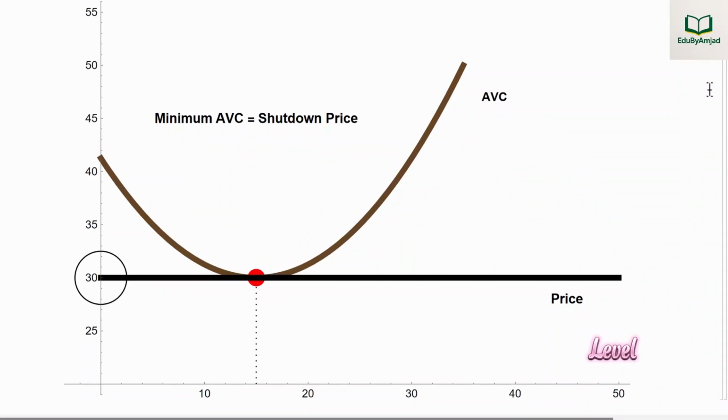At this output level, AVC equals 30. This point is crucial. If market price is exactly 30, the firm is indifferent between producing and shutting down. If price is above 30, the firm can cover variable cost and should produce. If price is below 30, producing increases loss.